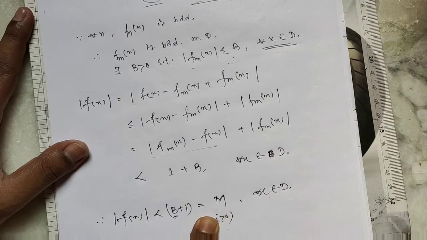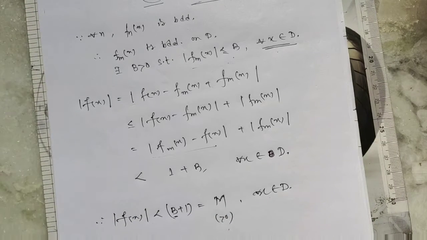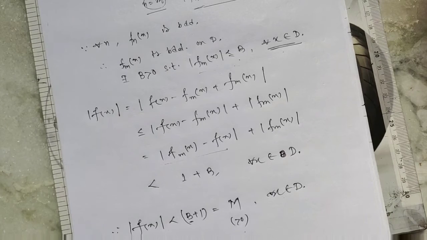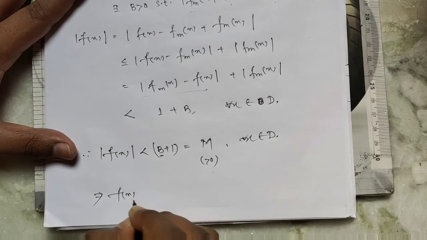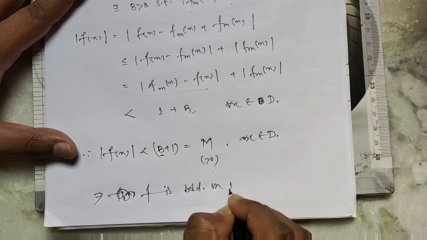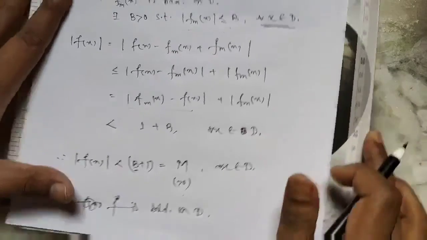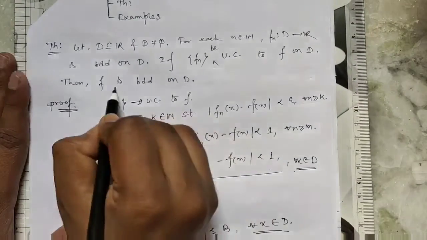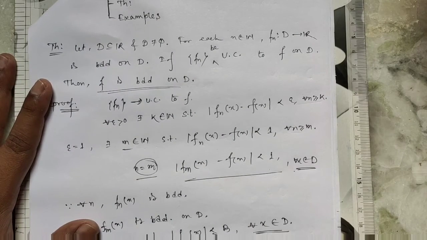So there exists M greater than 0 such that mod of f(x) is less than M for all x belongs to D. This implies f is bounded on D. So we prove f is bounded on D.